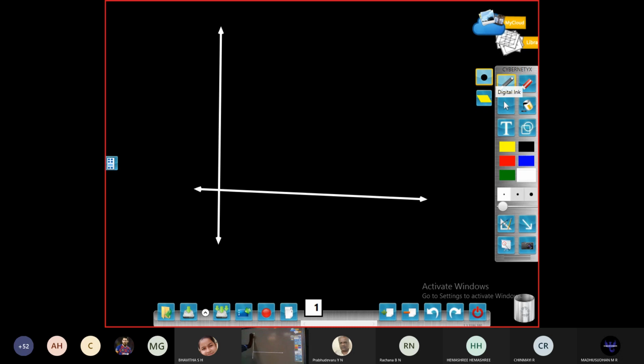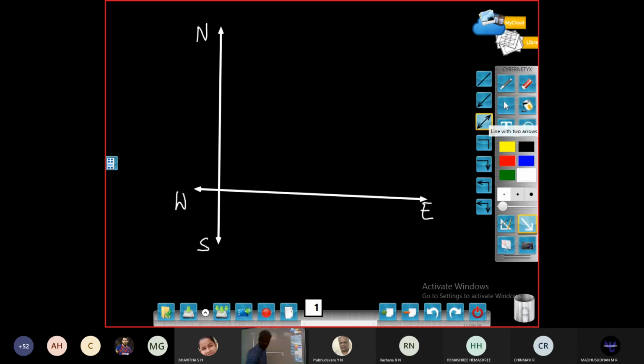One is north and this is south. The remaining one is west and east. You take this as east and the other one as west. So now you have to draw the streets parallel to these two. Parallel to these two lines, you have to draw the streets now. So I am going to draw the streets like this.